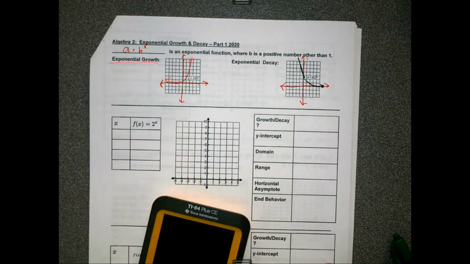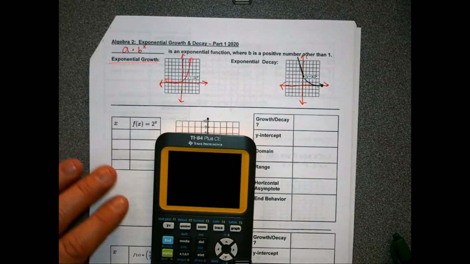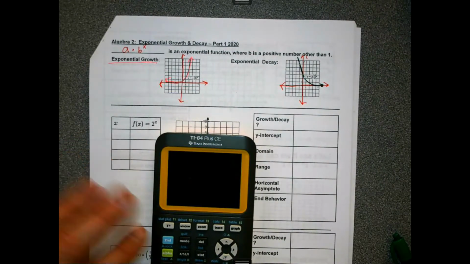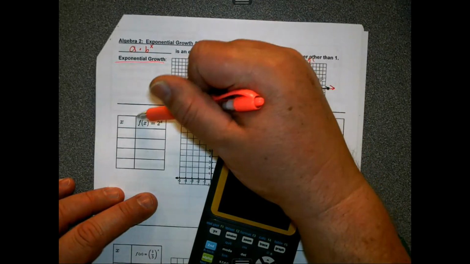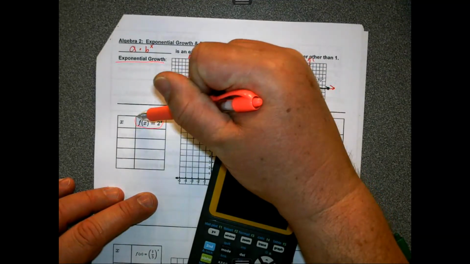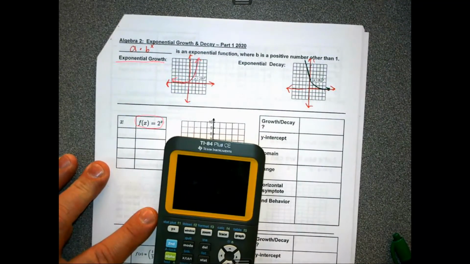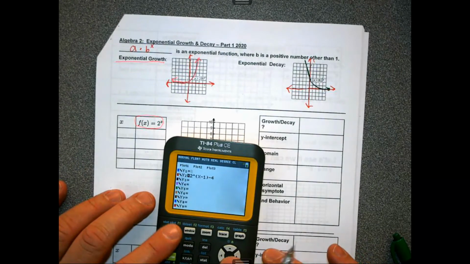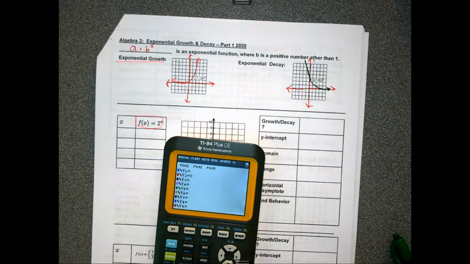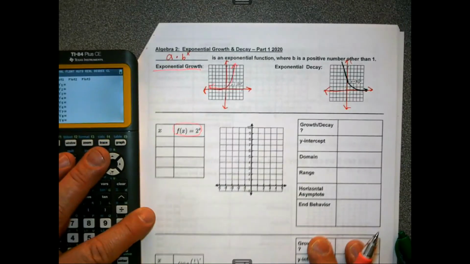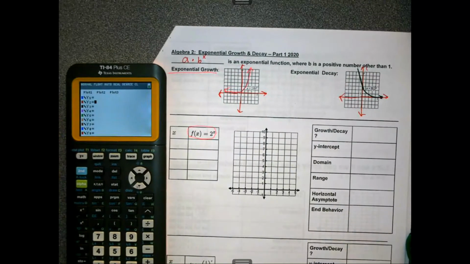Okay. So what we're going to do, here's my function. I'm going to put my function into my y equals button. There's my function. And again, I'm going to use the second line here because I like the red graph. And I know there's a way to change the colors in your calculator. I just don't feel like spending time.